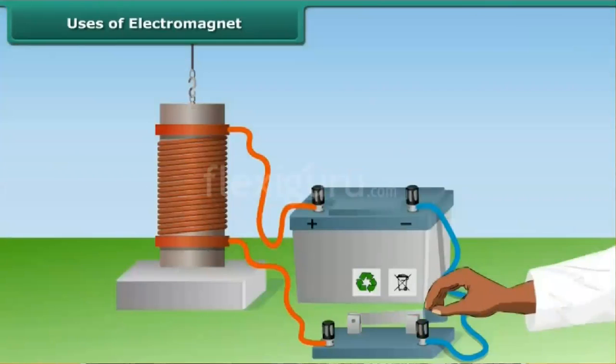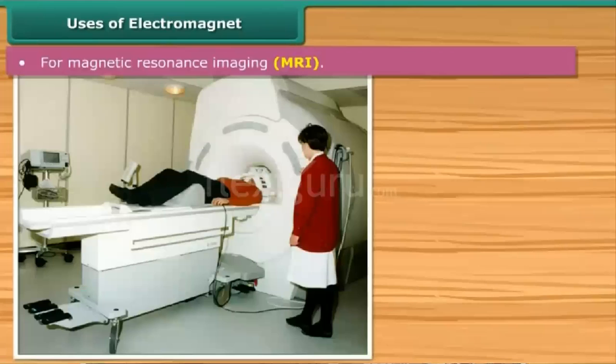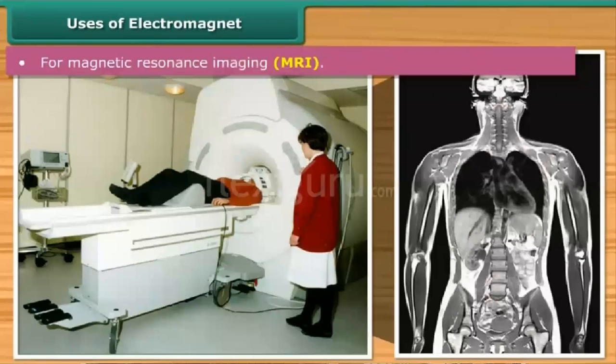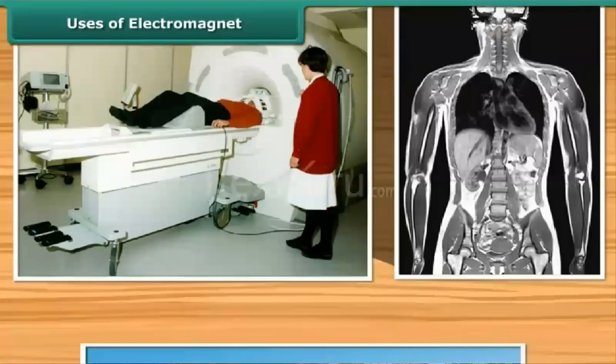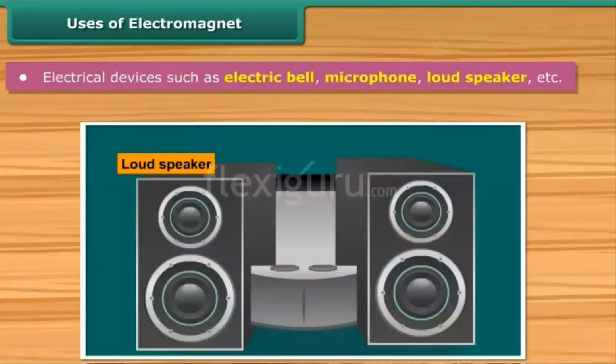An electromagnet can be used according to our desire. We can increase it, we can decrease it, and we can stop it. Different types of detailed images inside the body to diagnose a number of diseases, the MRI is used. And electrical devices such as electrical bell, microphone, loudspeakers, these use the electromagnet.